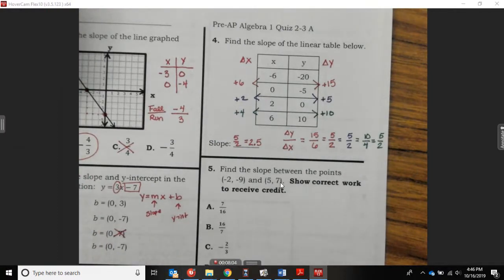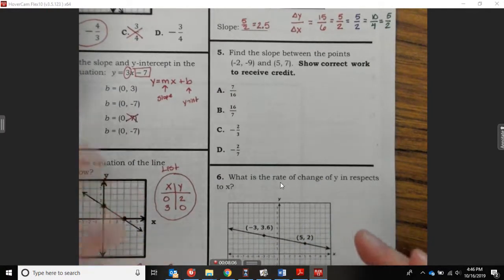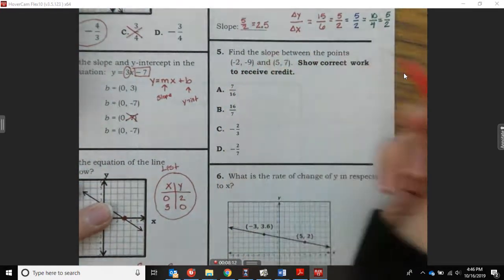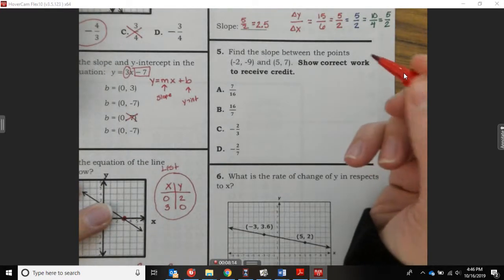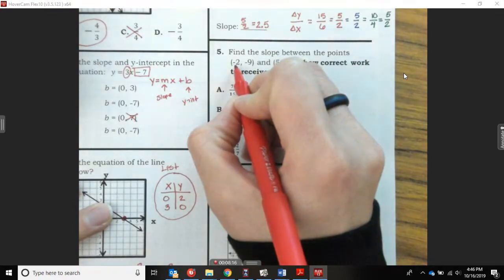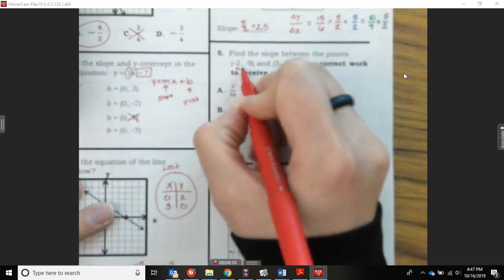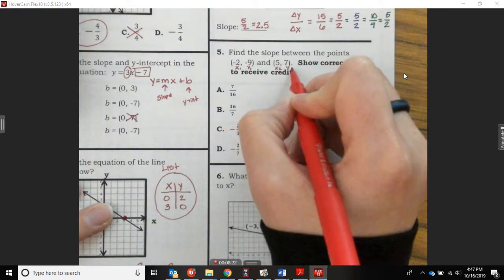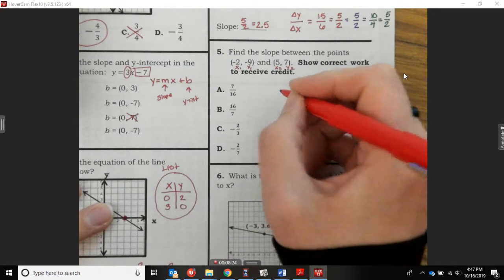All right, number 5, we want to find slope from 2 points. And so remember, when we find from 2 points, there's lots of ways you can do it. One is you could use the formula, which we talked about a little bit, labeling them x1, y1, x2, y2. And some of you may have done this using the formula.